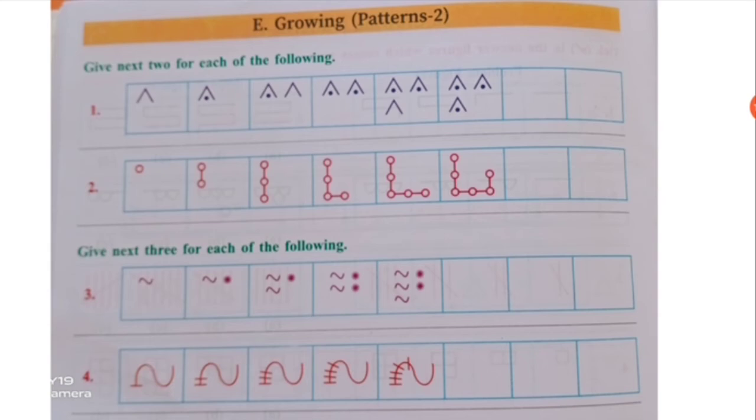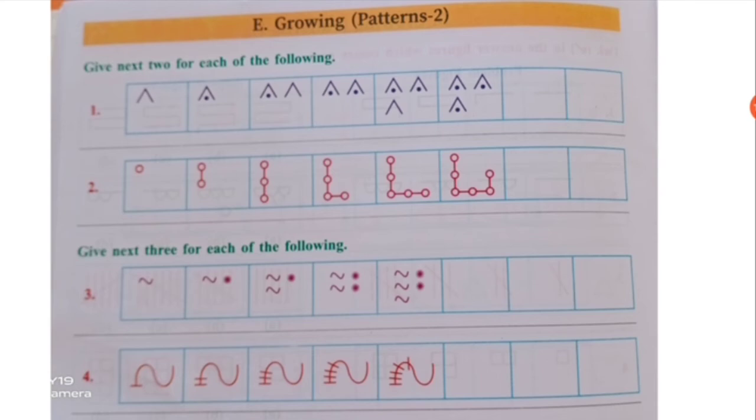Here one design in the first box, then in the next box one design and star, third box two designs and star, then fourth box two designs and two stars, then three designs and two stars, then obviously in the next box three designs and three stars, and in the next box four designs and three stars. Got it? And in the next box four designs and four stars.